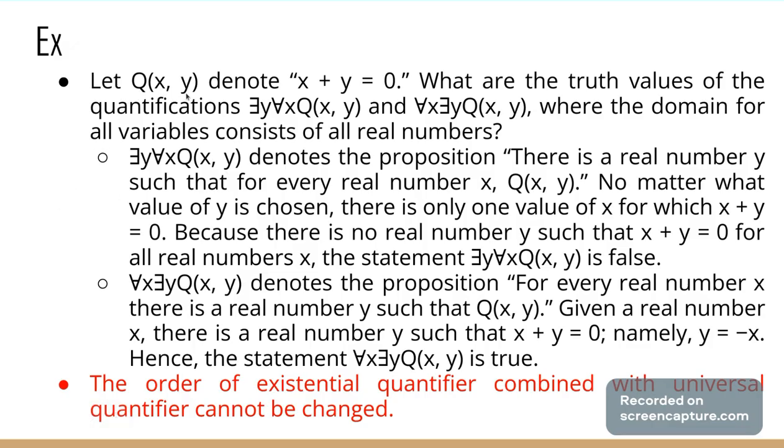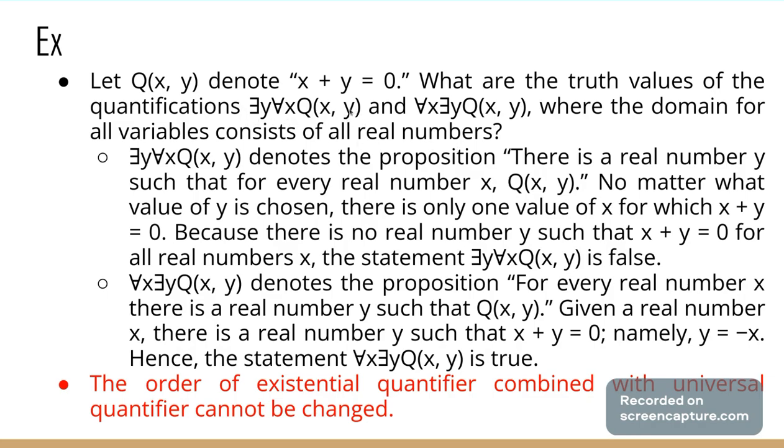Let's look at another example. Let Q(x, y) denote x plus y is equal to 0. The question is, what are the truth values of the quantification there exists y for all x such that Q(x, y), and for all x there exists y such that Q(x, y), where here also the domain is all real numbers? Let's look at the first one.